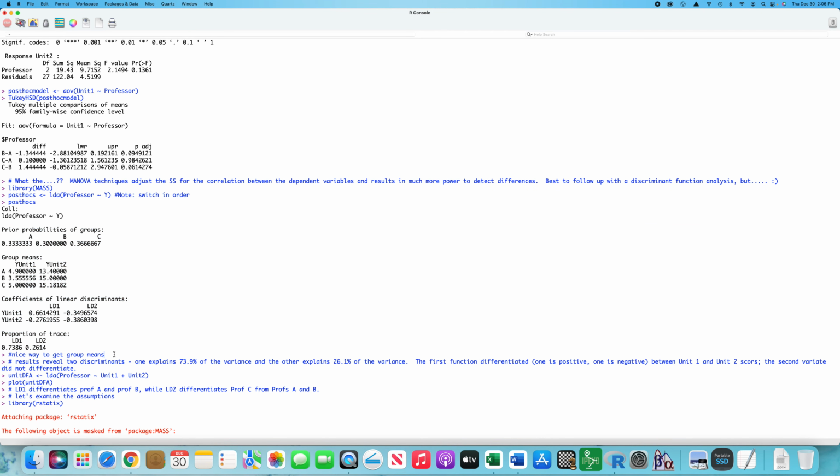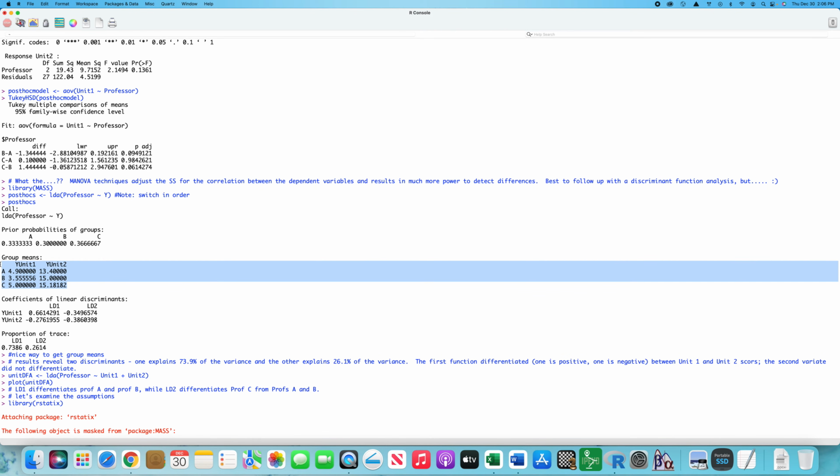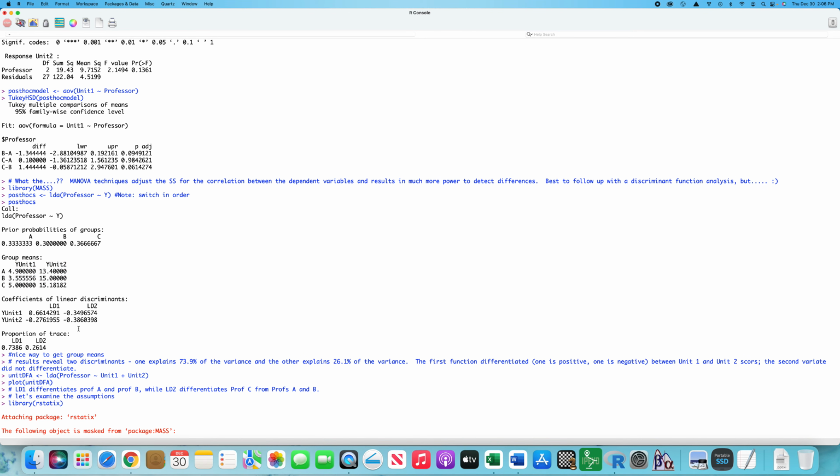The one thing I will tell you, it's a nice way to get the group means that we worked kind of hard earlier to get using the aggregate function. But what we can determine from this is my tunnel vision goes directly to these two lines. So we have two functions, two variates that have emerged.